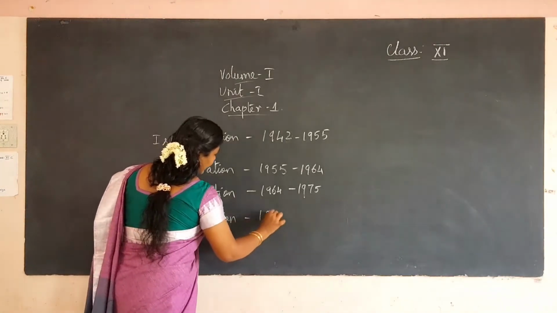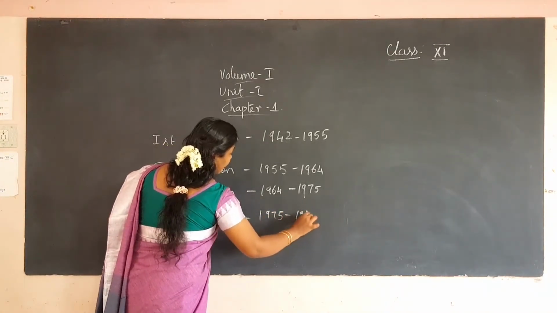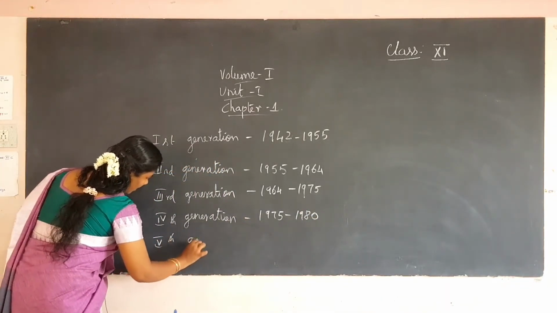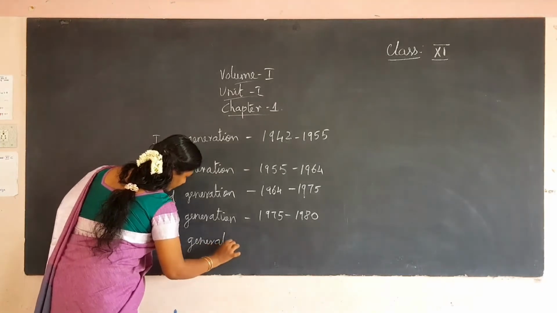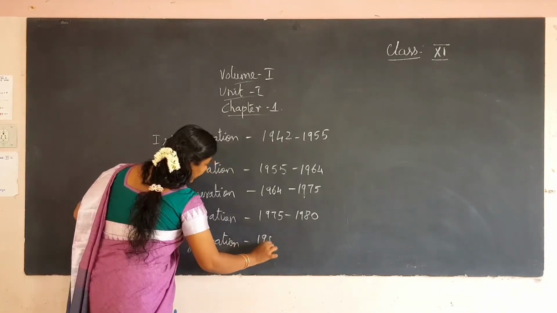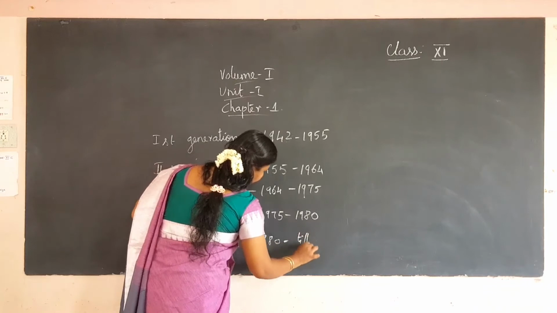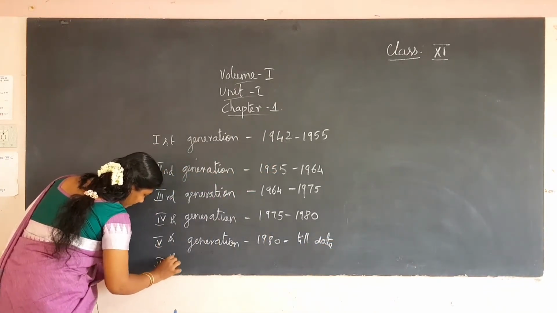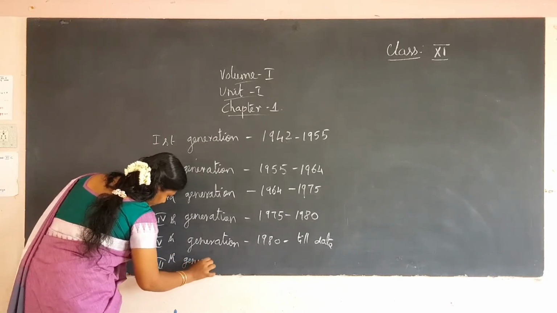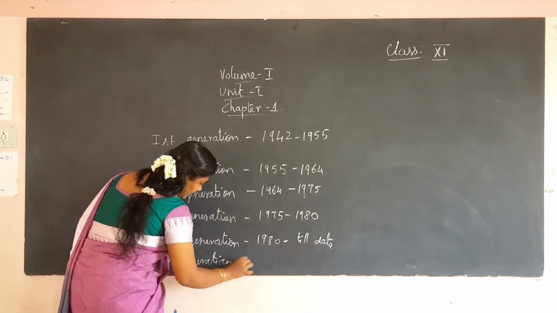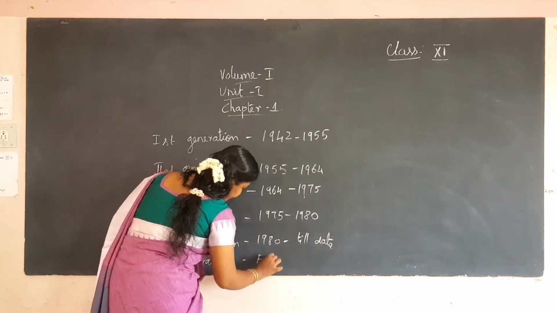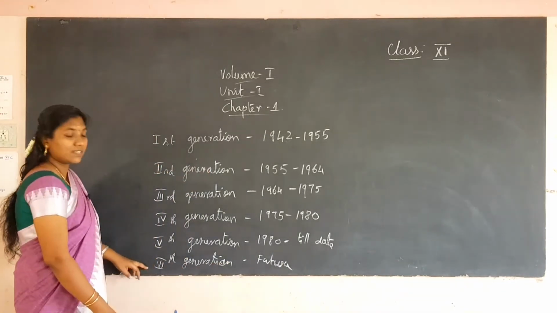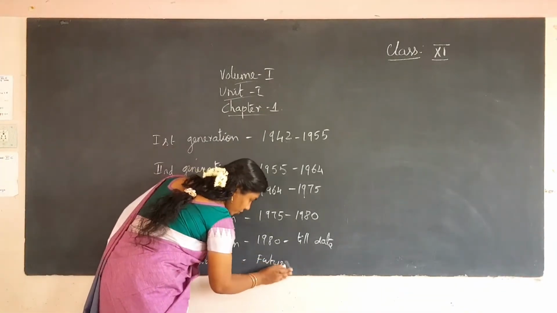Fourth generation is from 1975 to 1980. Fifth generation from 1982 till date. So, now we are in the 5th generation. And the 6th one is going to be in the future.